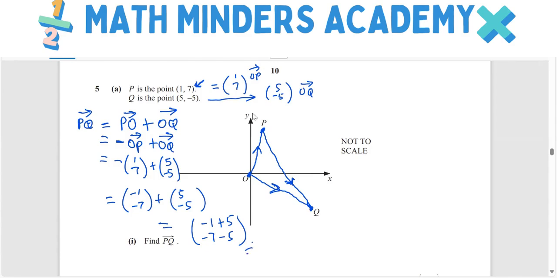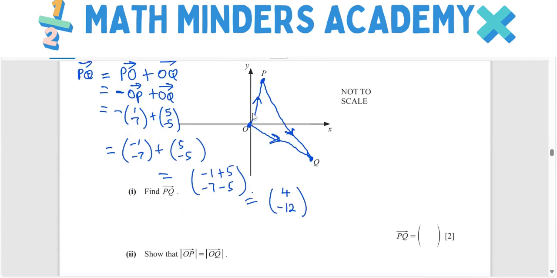And this gives us -1 plus 5 is 4, and -7 minus 5 is -12. So the vector we are looking for, that's PQ, is 4 for the horizontal component, and for the vertical component, we have -12.